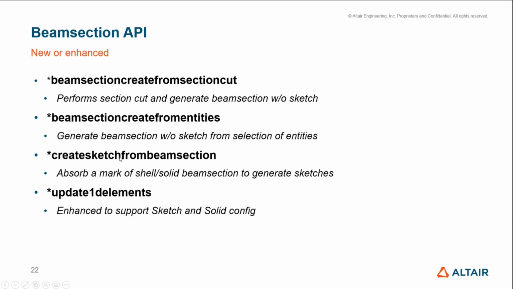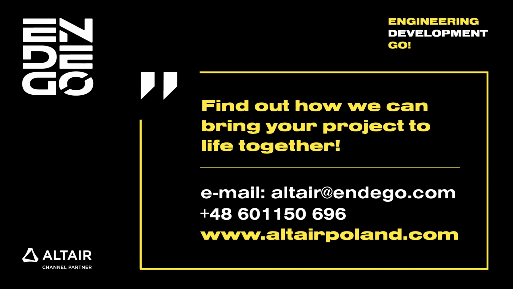And the third API is the one which could run from the browser directly, that will absorb a bunch of shell or solid beam sections, generate a sketch and assign them to those beam sections. Worth mentioning that if a beam section already has a sketch, that one will have no effect, so it will not overwrite that sketch. So with that, that sums up the slide. Thank you.